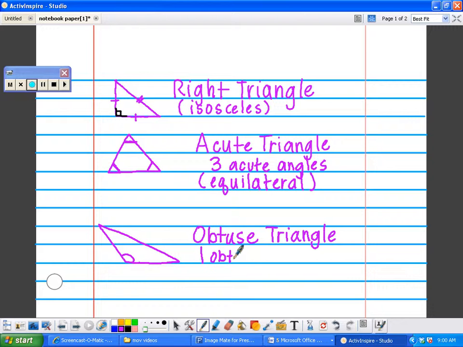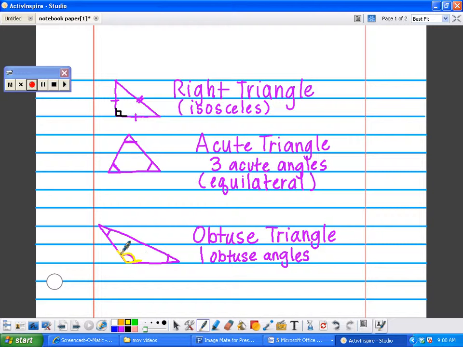You cannot have 3 obtuse angles in a triangle because you have to connect these 2. A shape that has all obtuse angles has at least 5 sides. It can't have any less than 5. When I connect them, what are these 2 angles right here? Acute. So I have to have at least 1 obtuse. So with this 1 obtuse right here, it made an obtuse triangle.